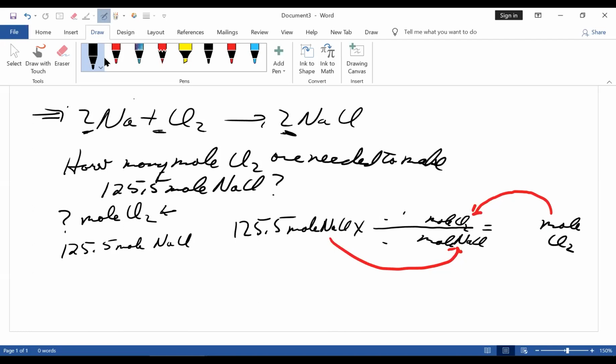So 1 mole of chlorine makes 2 moles of sodium chloride. And that's where I get these numbers, from the balanced chemical equation, because the coefficients give me molar ratios. These are exact numbers. Therefore, this is 4 significant figures. My answer should be 4 significant figures.